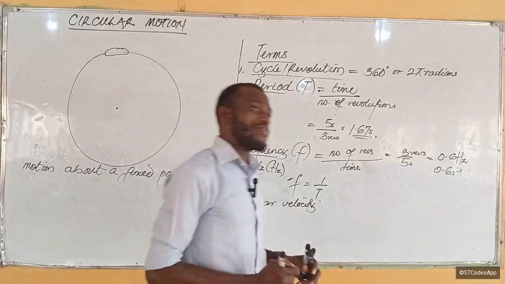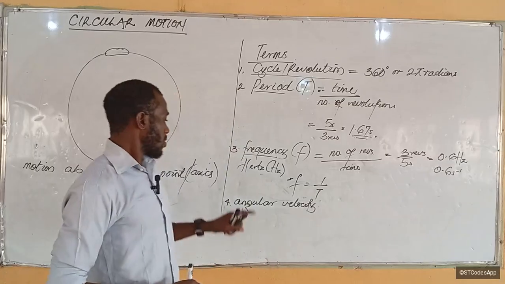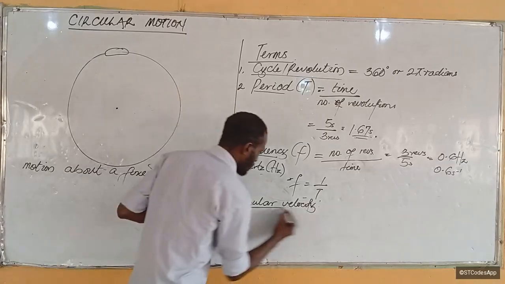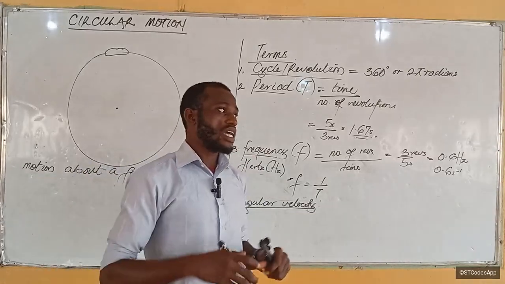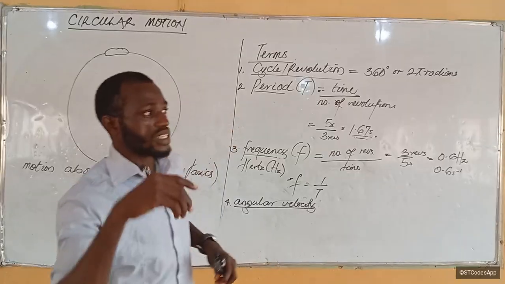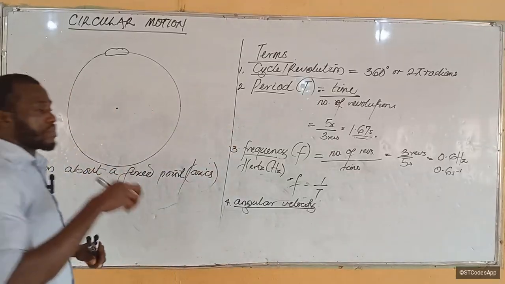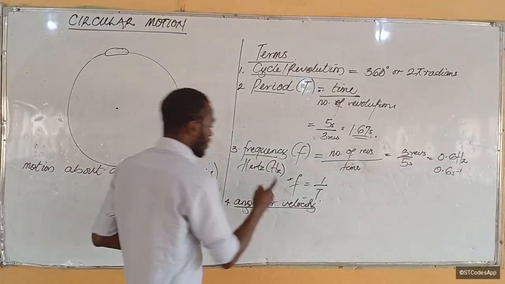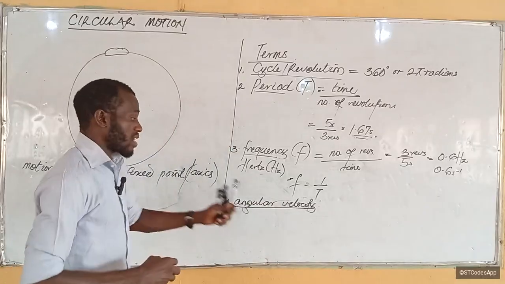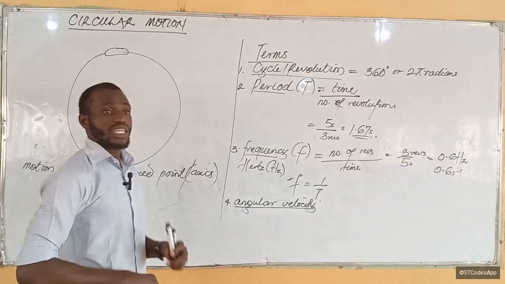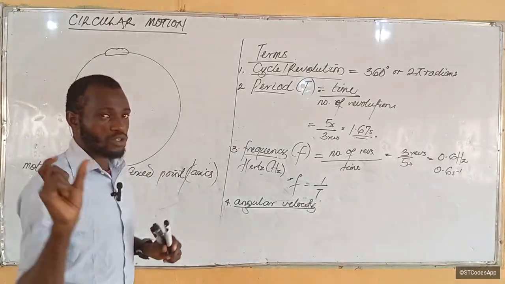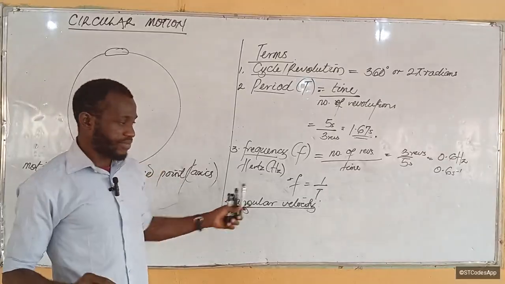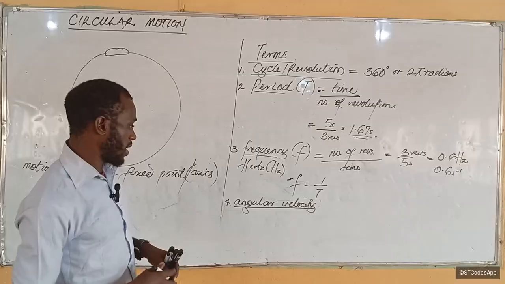Now, the angular velocity is the angular speed of the body along the circular path. The angular speed, the rate of travel of the body along the circular path. Now I'm going to show you some derivations from here.